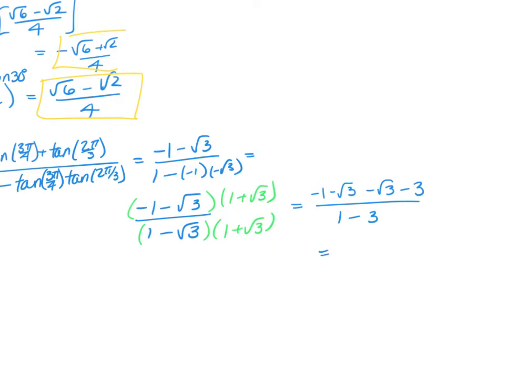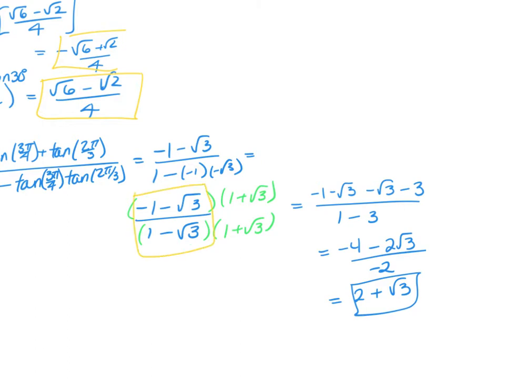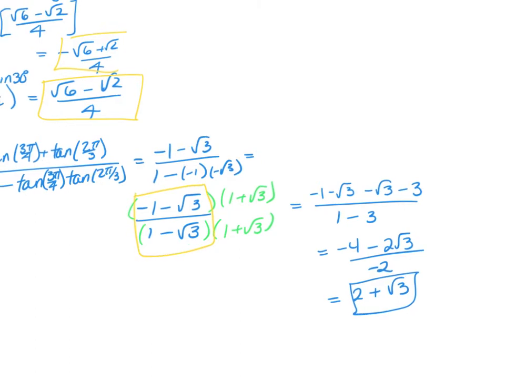So I get negative 4 minus 2 root 3 over a negative 2. Distributing the negative 2 under each of those two terms, I get 2 plus the square root of 3. Again, I am perfectly fine if you give me the earlier answer, or you can, of course, rationalize the denominator.